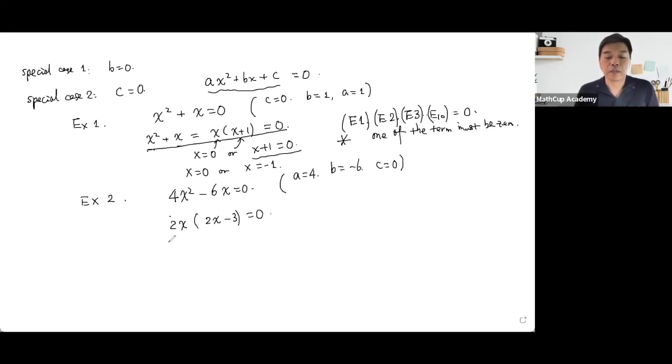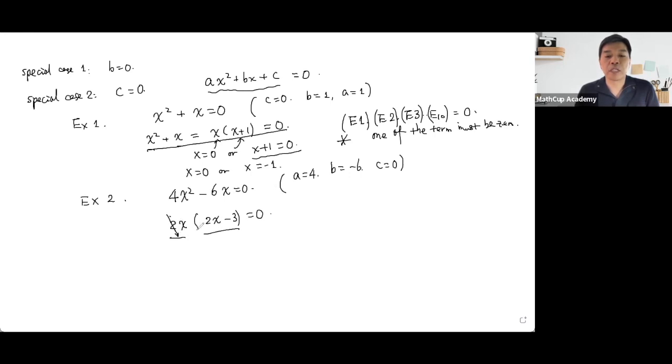Now again, when we have the terms multiplied together equals 0, we know that either this equals 0 or this equals 0. So let's just list it out. Actually, by the way, the 2 in 2 times x times 2x minus 3 we can just ignore because 2 is non-zero.